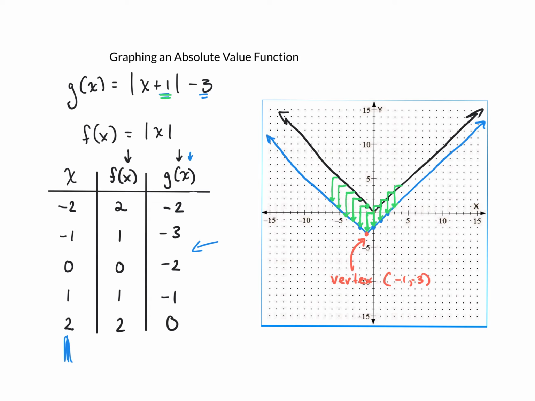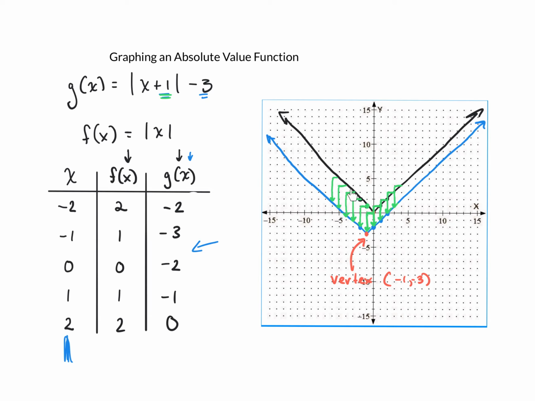So this is what we call a translation. So in the absolute value function, based upon the parent function, based upon their original points, if I add 1 on the inside and then subtract 3 and take a look at its new mapping, the graph seems to be moving. When I take a look at the coordinate pairs, compared the input to the output, if I add 1 to the function's original input, and I take away 3 from that function's original output, I then get a graph that ends up looking like it was shifting 1 left and down 3, 1 left, down 3.